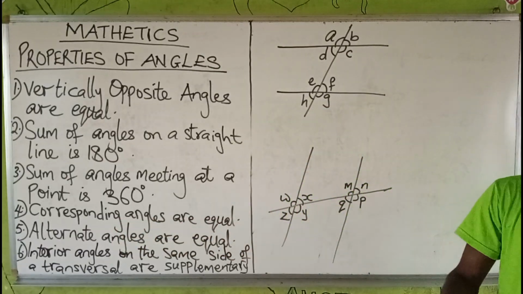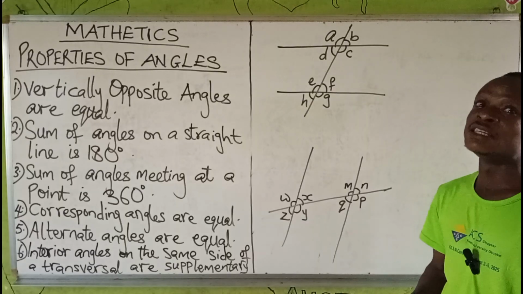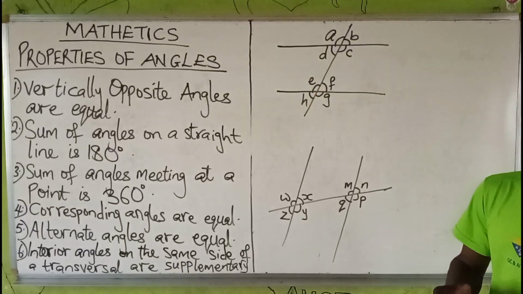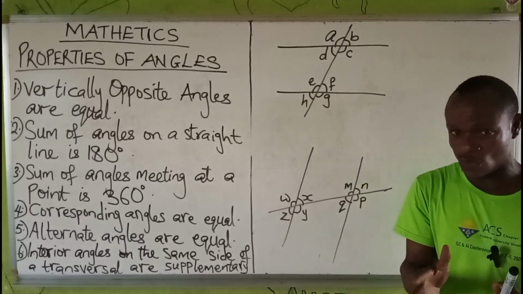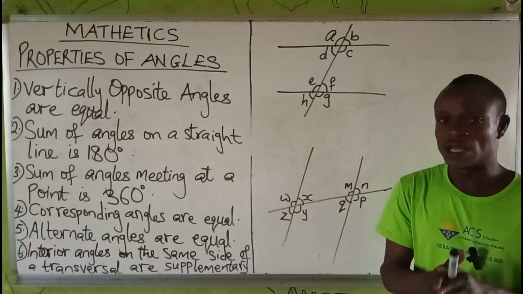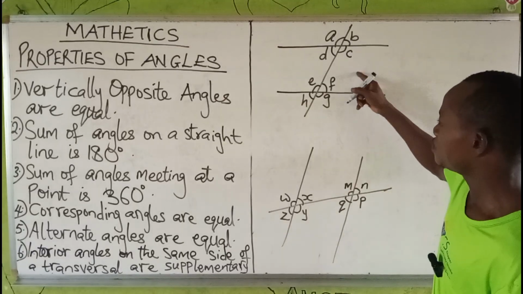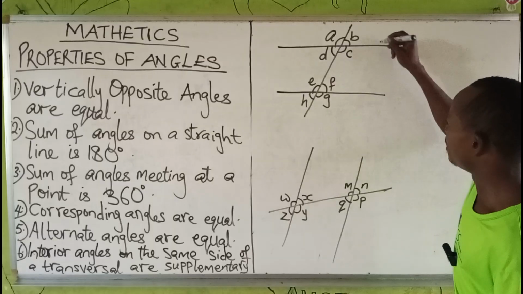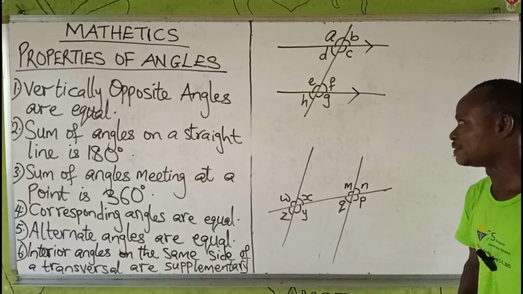What are corresponding angles? I will put it in a way that we can easily understand it. When two angles are occupying the same position, then we say they are corresponding. Now, in this figure we have here, this line is parallel to this line.